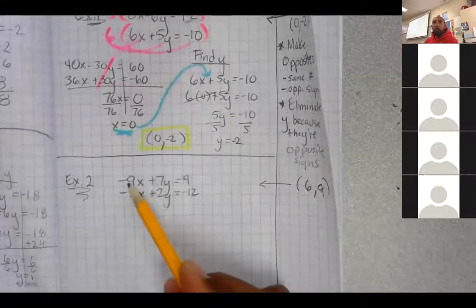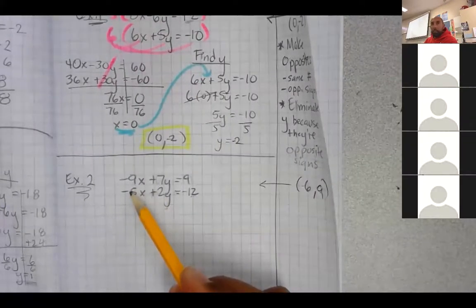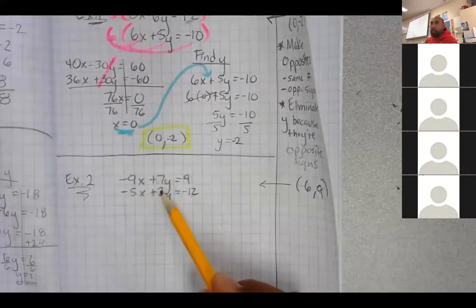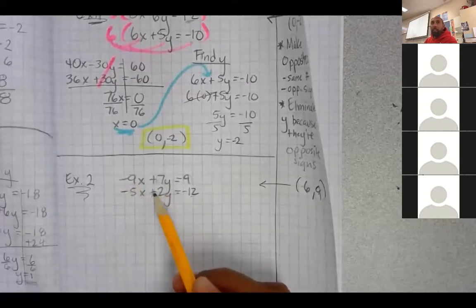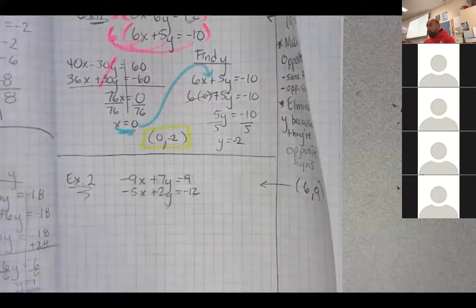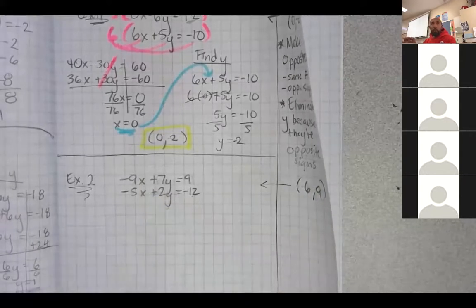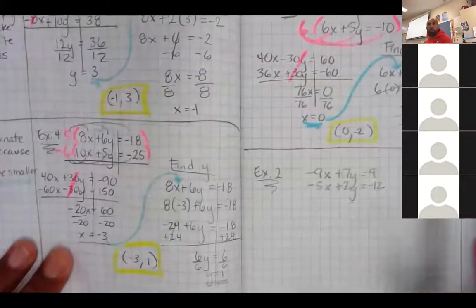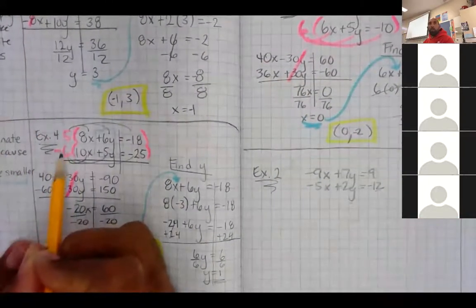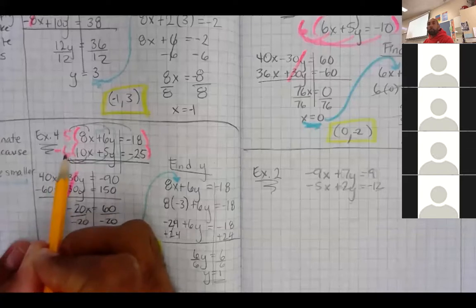Okay, now 9 and 5, they're not the same. 7 and 2, not the same. And these are both negative, and these are both positive. So we don't have the same number, and we don't have opposites. So what that means, we're going back to what we talked about yesterday, one of the numbers you multiply must be negative.